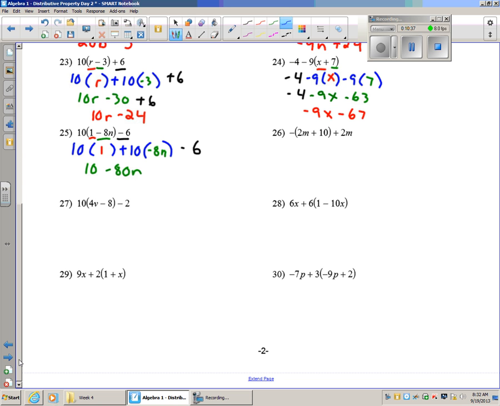And the negative 6 just drops down. List your letters first. That's negative 80n. And 10 minus 6 is 4.